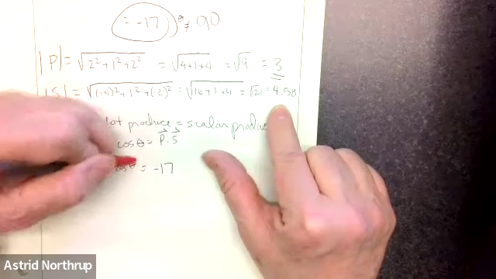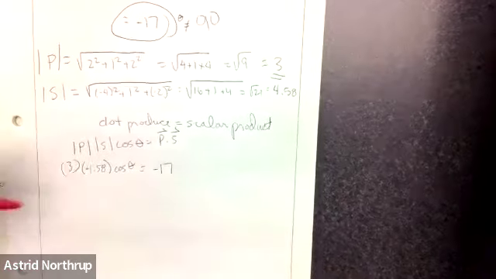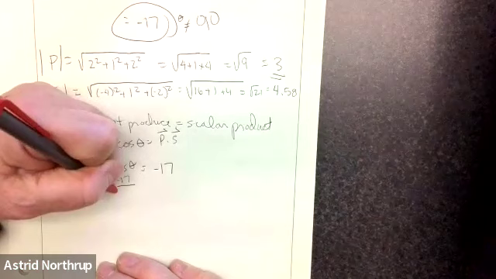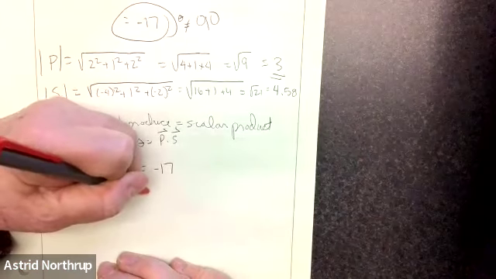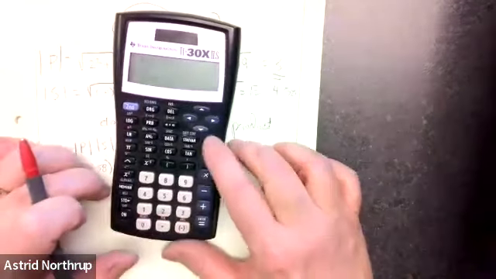That means I can use this equation to solve for the cosine of theta. In other words, what is the angle between them? So the cosine of theta here is -17 over the product of 3 and 4.58.